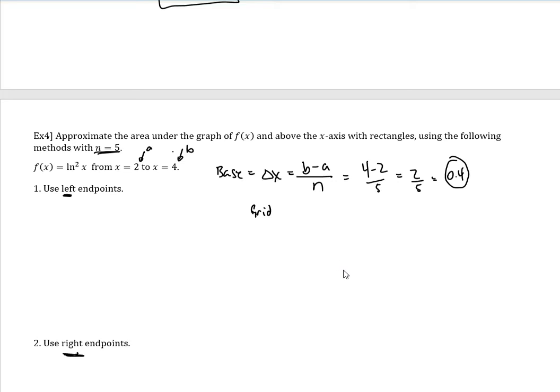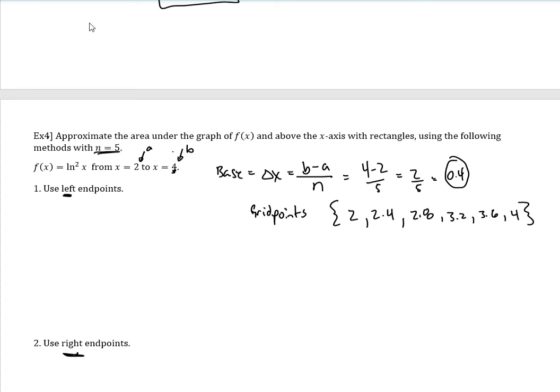Start at whatever your starting x value is, so it starts at 2, and then go every length of the base until you get to the final one. If I go another 0.4, I'm at 2.4, then 2.8, then 3.2, then 3.6, and then 4. So these are the grid points.